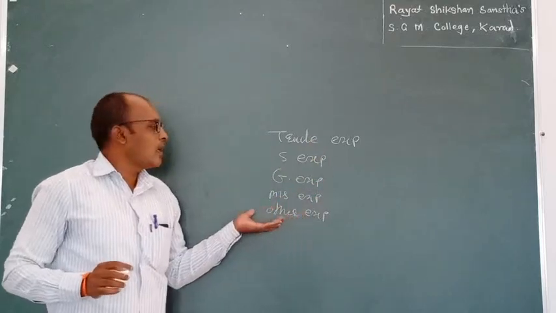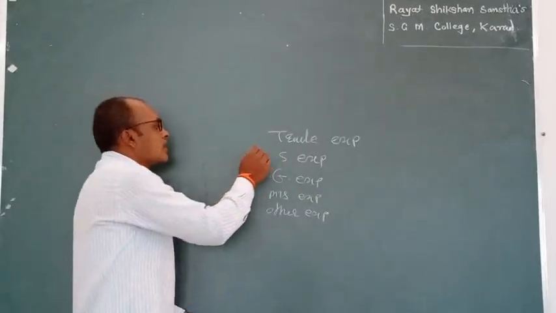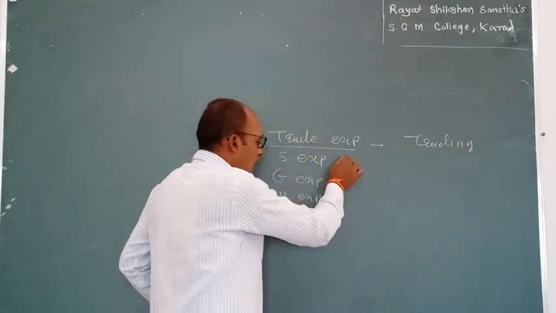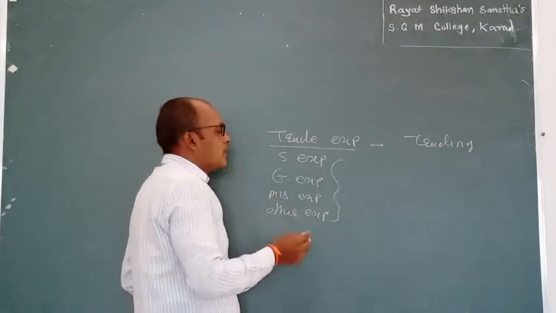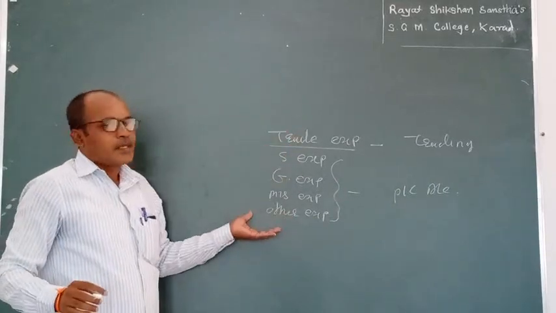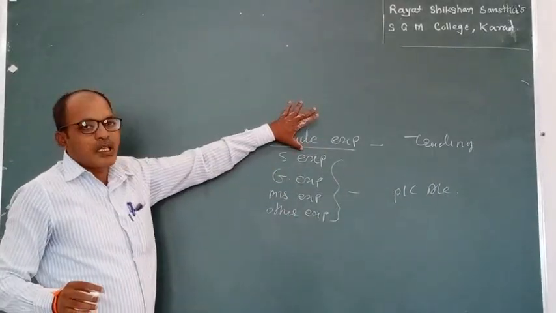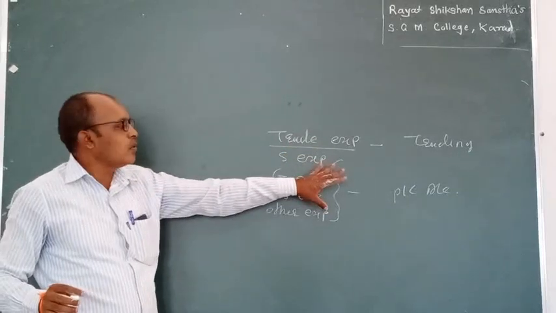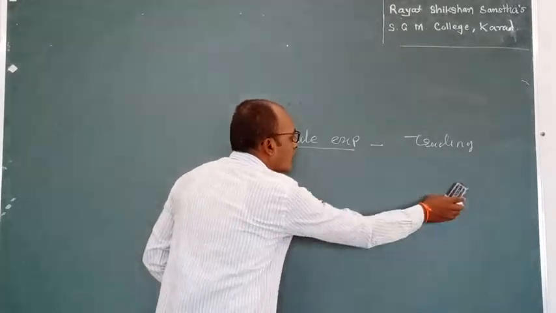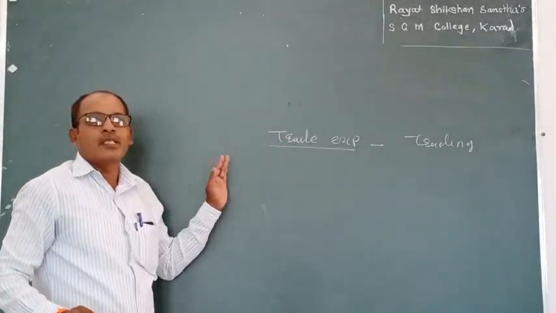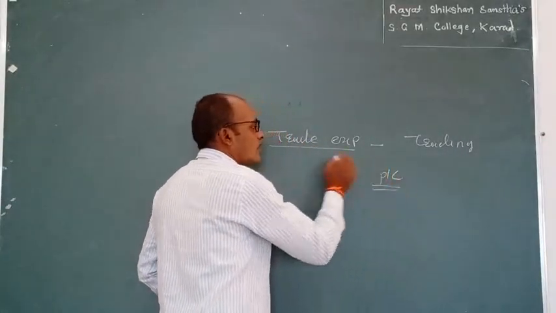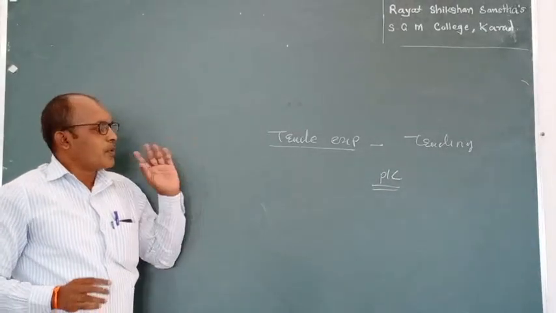In that case, trade expenses are transferred to the trading account, and the remaining expenditure is indirect expenditure, so it is transferred to the profit or loss account. But sometimes only trade expenses is given and the remaining expenditure is not given. In that case, trade expenses are transferred to the profit or loss account.